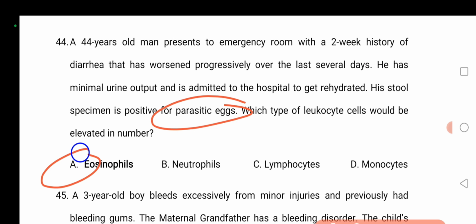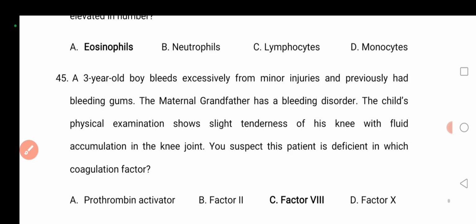Eosinophils will be elevated. They are the most common white blood cell type that is elevated during what? During parasitic infection and during allergy, such as anaphylactic reactions. So the correct answer is A.